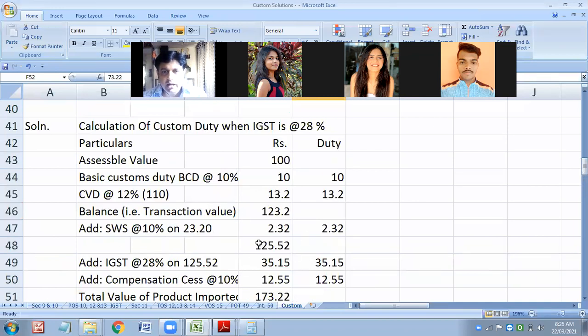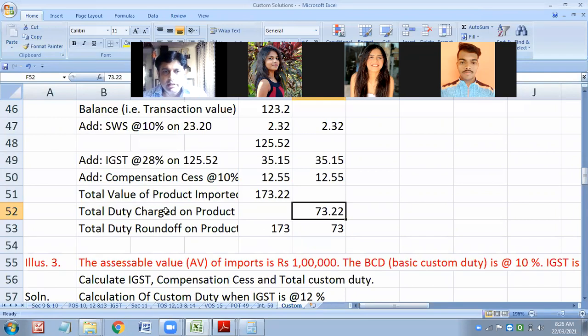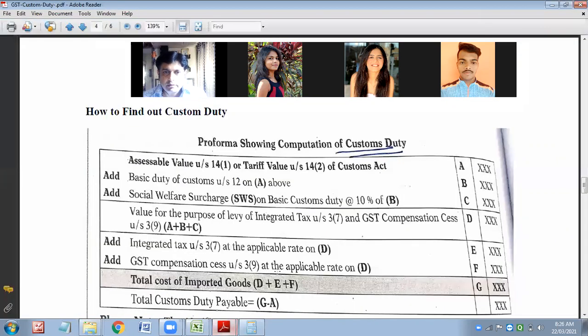Whatever value you get, on that you are going to charge IGST and compensation cess. So if A is the assessable value, I will charge any kind of basic custom duty on A. If it is CVD, then on A plus B, CVD will be charged.